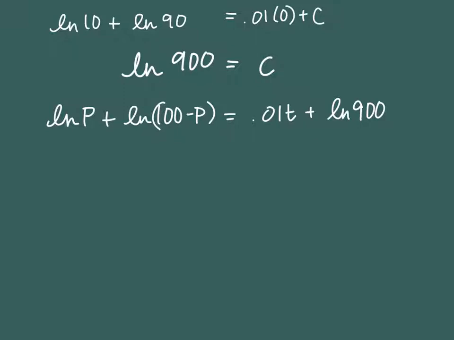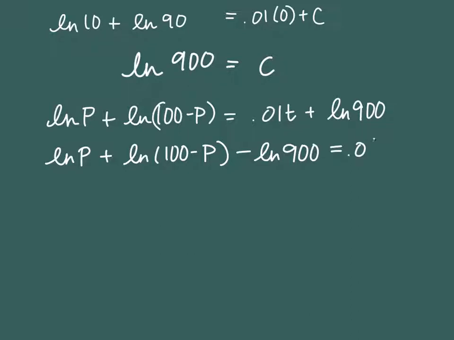Okay, one way to do this is to get all the natural logs on one side. So we have natural log of p plus the natural log of 100 minus p minus the natural log of 900, and that would all be equal to 0.01t. If I pull all of those over to the other side, I can use the rules of natural logs.